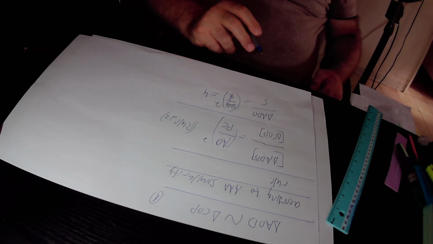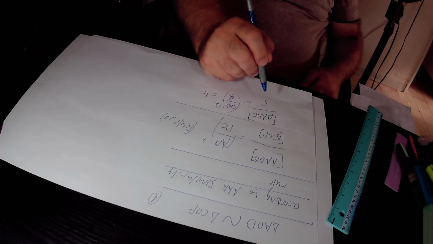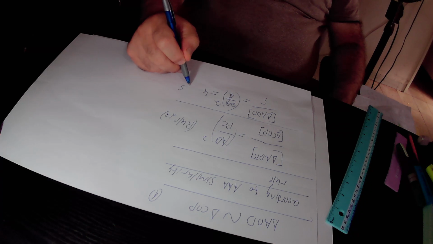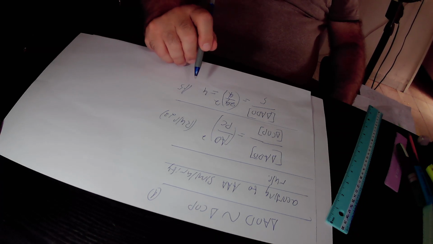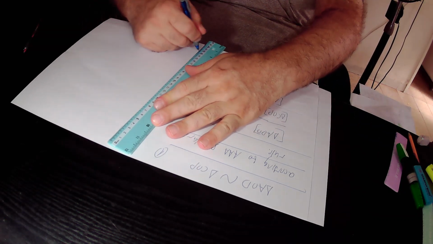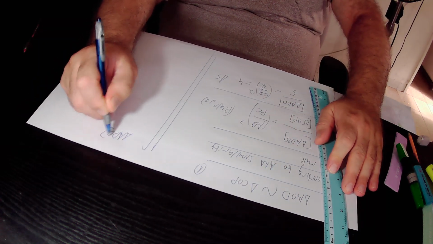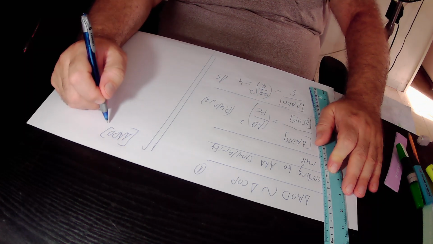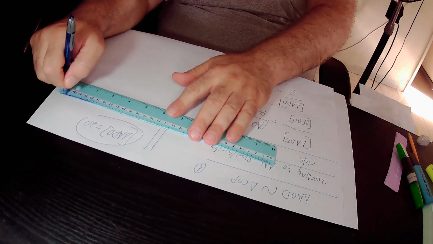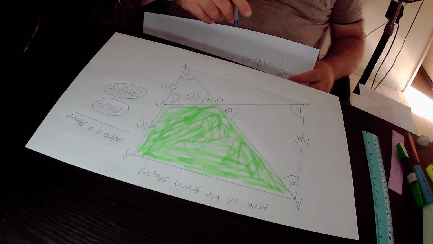So in total we find that the area of the big triangle ADO over 5 is equal to 4. Here we multiply this equation by 5, and we get that the area of the big triangle ADO is equal to 4 times 5, that is 20 square units. So we found out that the area of this big triangle AOD is equal to 20 square units.